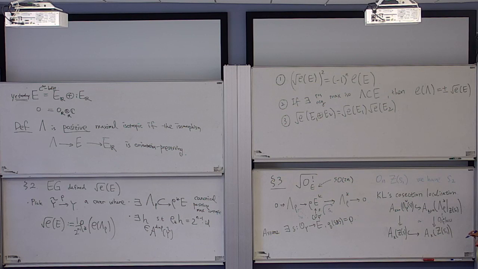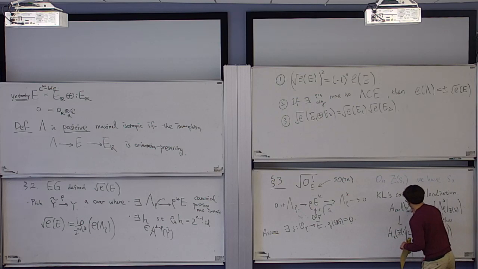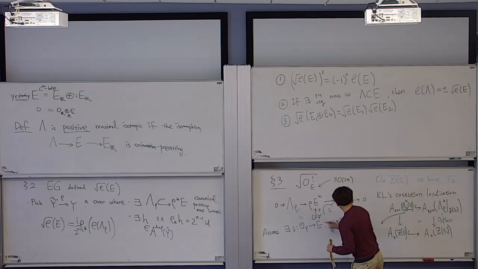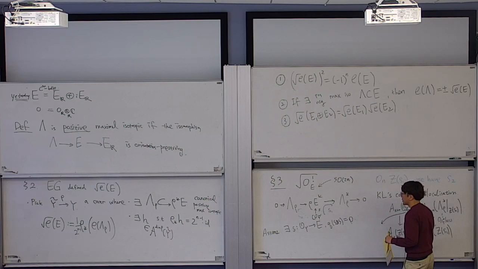Then Kim and Lee prove there is some factorization of this inverse Thom isomorphism, because here we have S2 over this space.